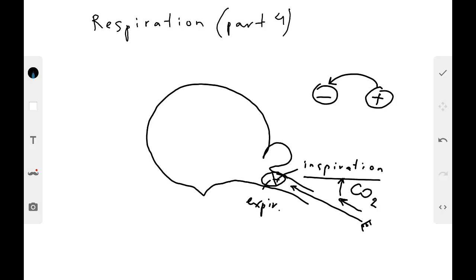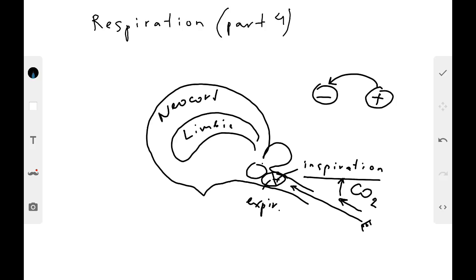For example, the pons modulates inspiration and expiration patterns. It also influences the pattern of respiration. The limbic system modulates emotional effect upon respiration. The neocortex produces voluntary control of respiration.